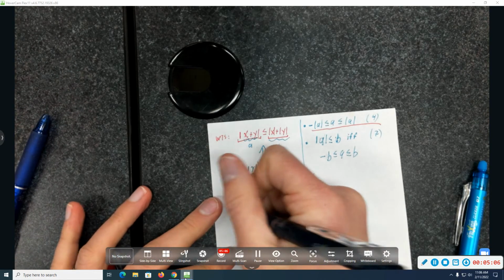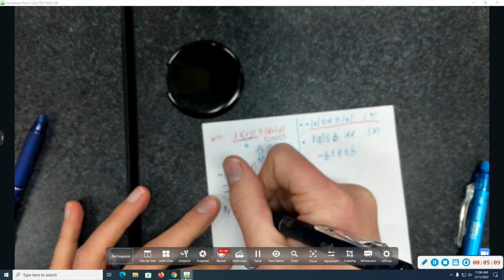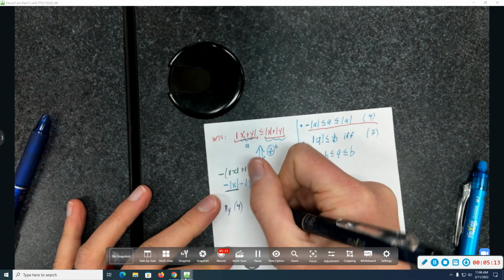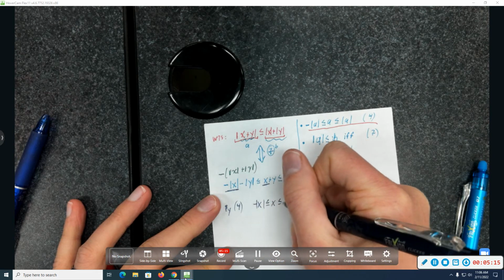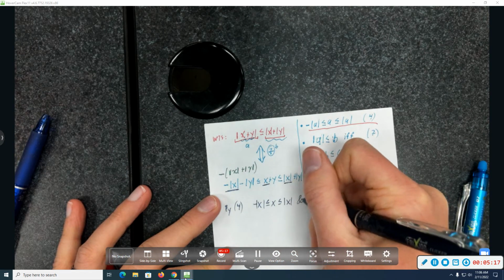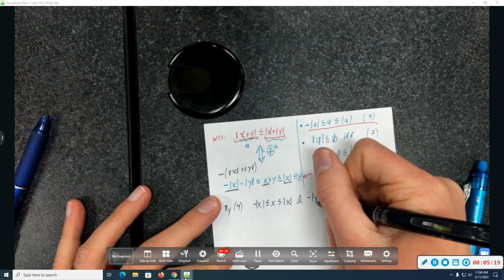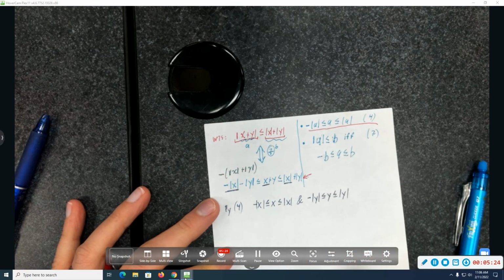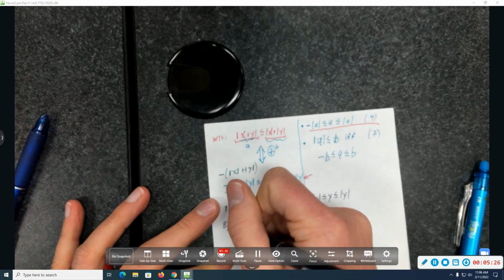So maybe one argument would be by 4, negative absolute x, less than or equal to x, less than or equal to absolute x, and negative absolute y, less than or equal to y, less than or equal to absolute y, by additivity.